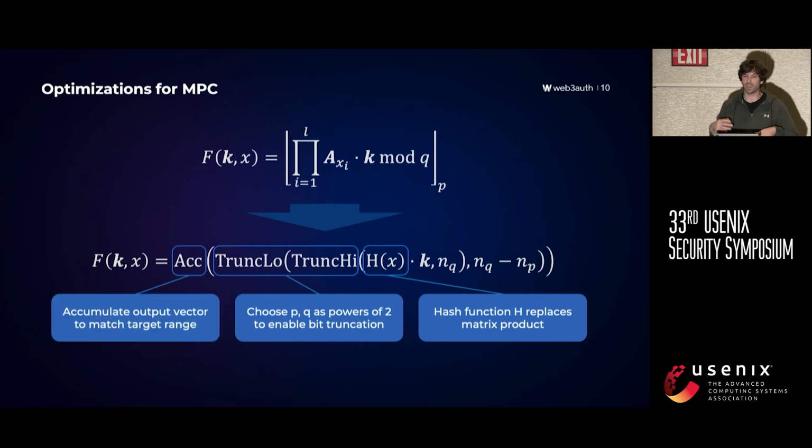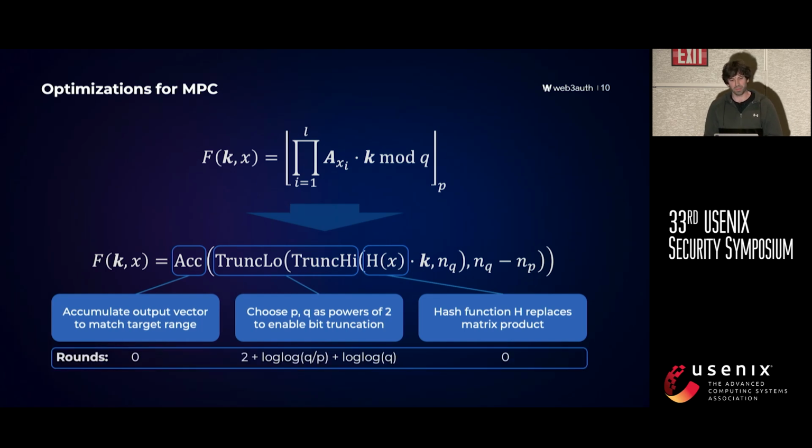And last but not least, we need to map the result of this original PRF, which is a vector where each of the elements is between 0 and p minus 1, so log 2 p-bit elements, to the range of the target cryptographic scheme, so the key range of the scheme. And we do this via a simple accumulation step in the end.